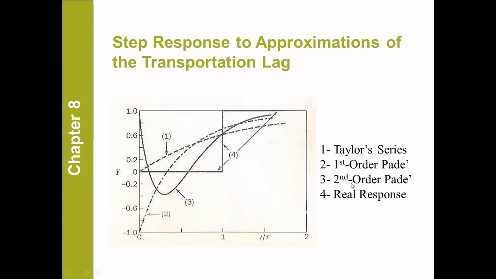Kung gin second order pa day mo, ang second order ari siya class so nanaog siya anay at time 0 to negative 1. So nagsaka siya and ultimately will also rest on this 1.0 ultimate response here. The second order, which is number 3, ari siya oscillatory.